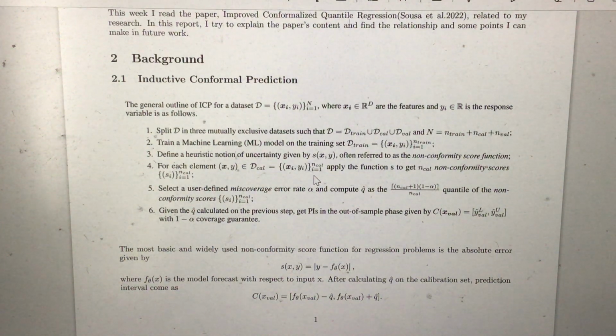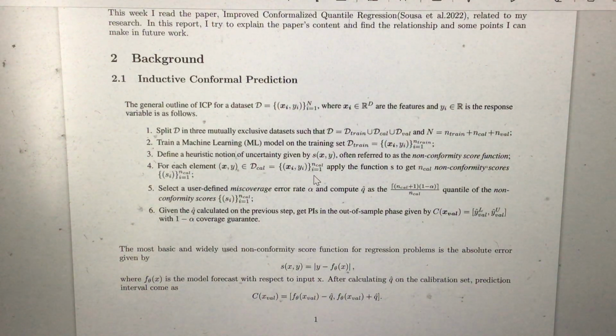There are several steps. The first one is to split the data into three exclusive data sets: the training set, the calibration set, and the third one, the test set, here called validation, but it's the same thing.